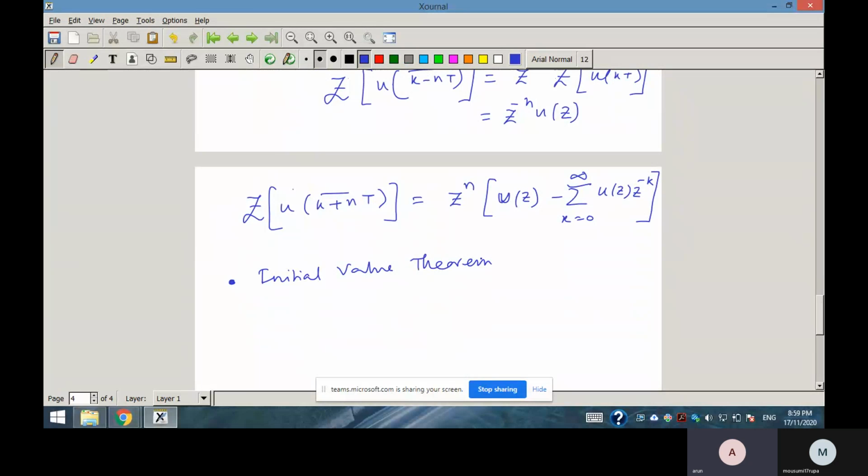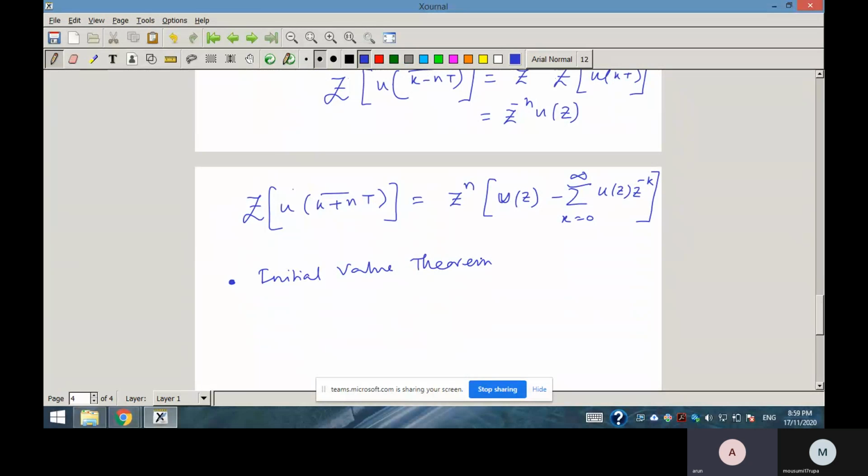If you have a signal y(t), which is a causal signal, so before t equal to 0 it does not exist, then y of 0 will be equal to limit s tends to infinity of s into Y(s).